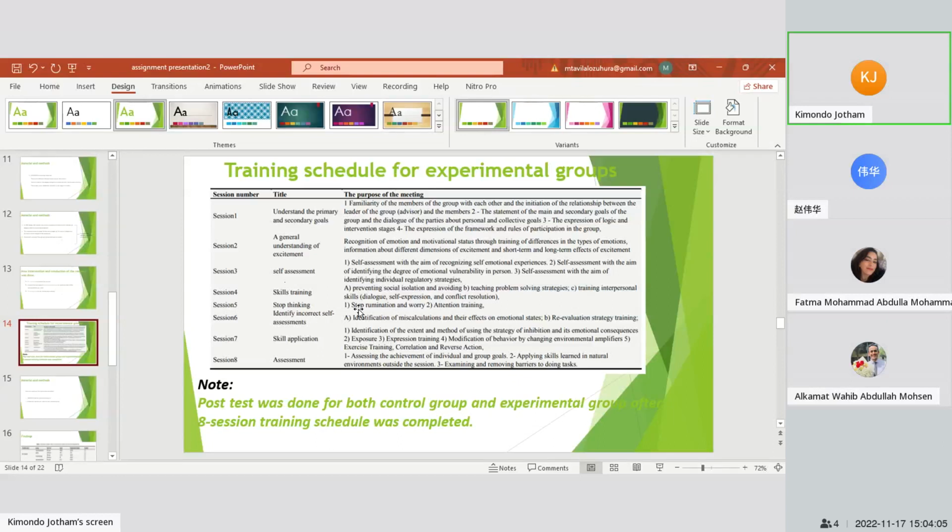So after the training, the post-test was done for both groups. Those two tools were done again for both the experimental group and the control group.